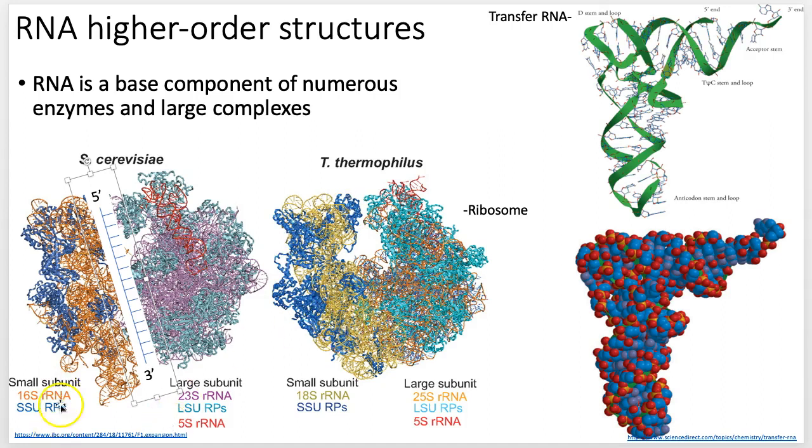You can see we share units. The small subunit has these two pieces. These are just ribosome proteins. And then in this other organism, we also have a small subunit, also a large subunit, and there's the exact same chunks. Okay? The sizes can change. So the 18S versus 16S, that's sedimentation rate.